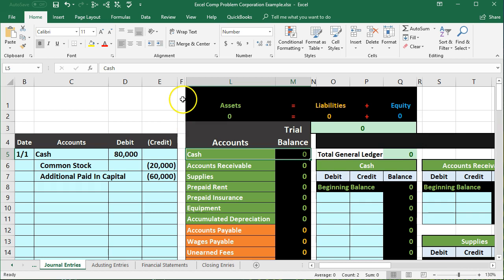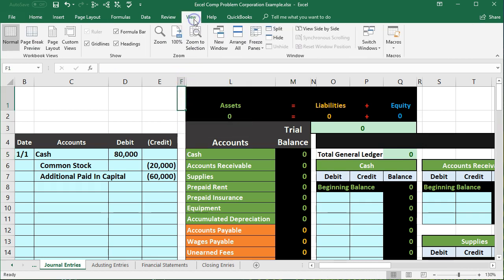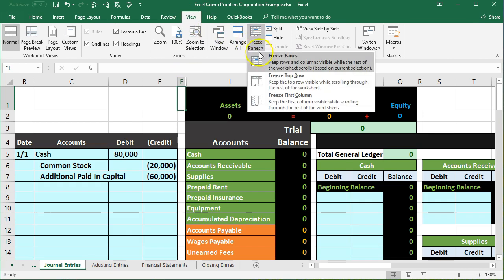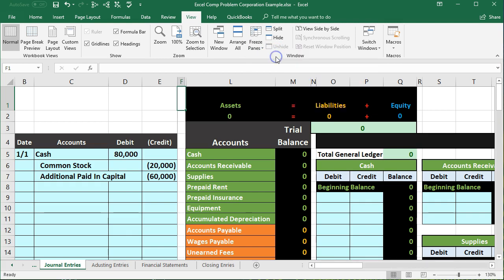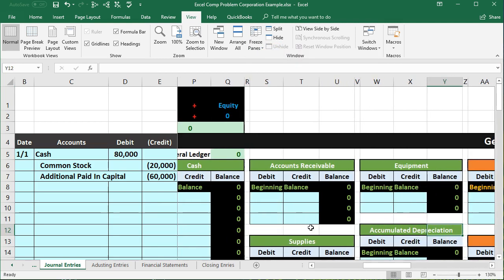So that's what I want to practice, maneuvering around Excel. I'm going to put my cursor right here in F1, and then go to the View tab, and then go to Freeze Panes, and then we want to freeze the pane. What that'll do is, when we go to the right, notice these cells, B through E, are not moving.